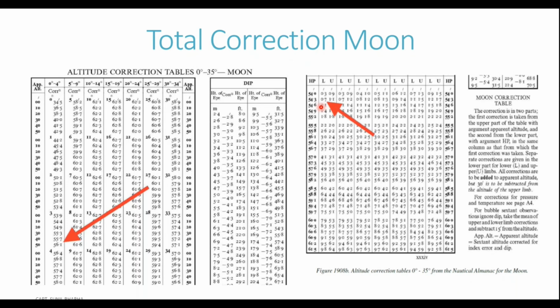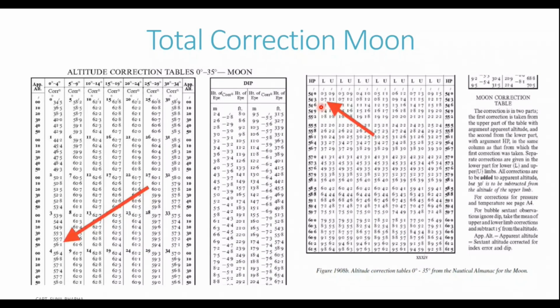If it was a lower limb observation, the altitude was of the lower limb, you add these two corrections and you will obtain the true altitude of the moon, or you will obtain the total correction for the moon.